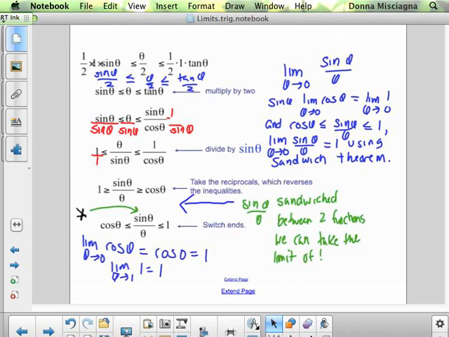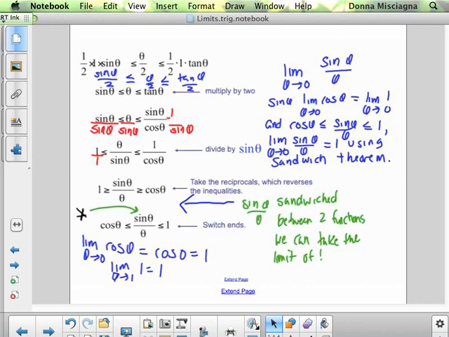So the limit of cosine theta as theta approaches 0, I can plug into that one. That one's not undefined. Cosine 0 is 1. So we got the limit of cosine theta as theta approaches 0, that's 1.